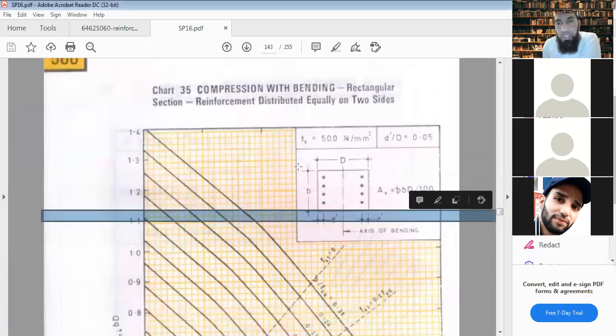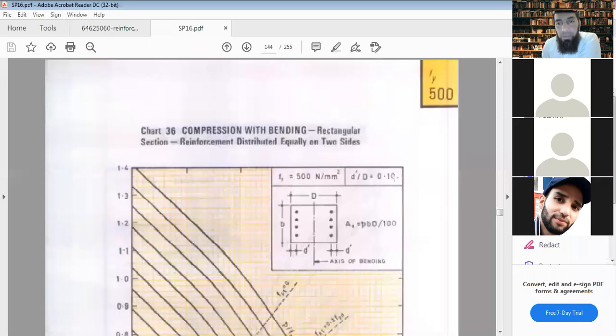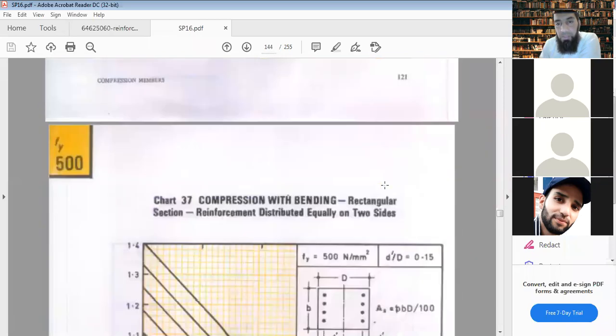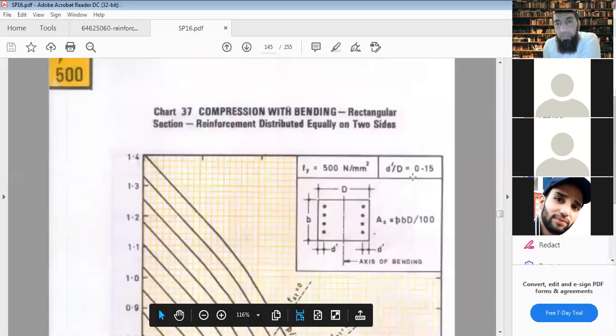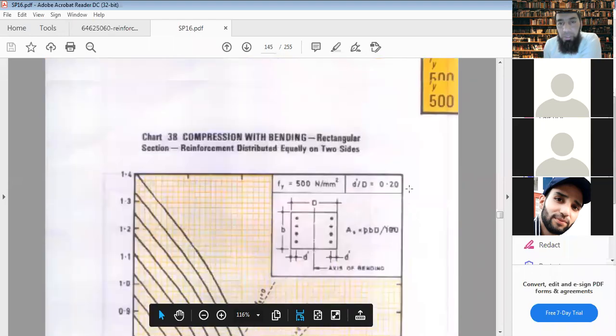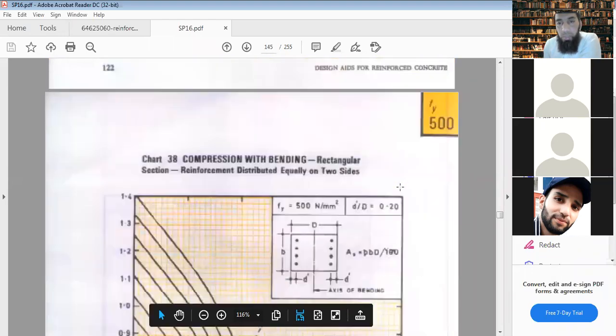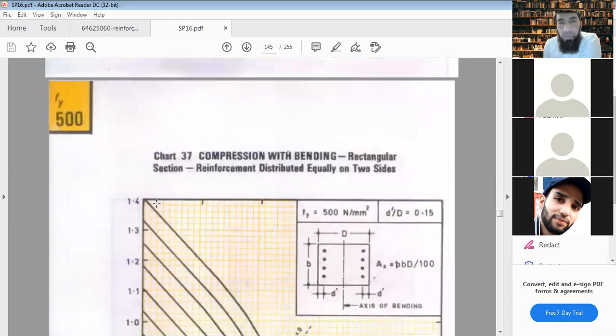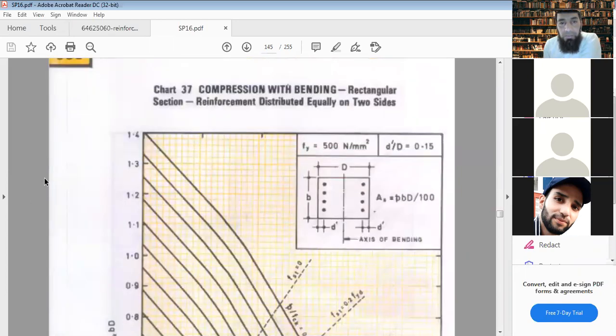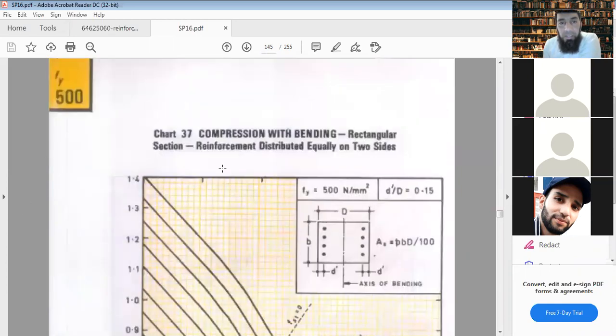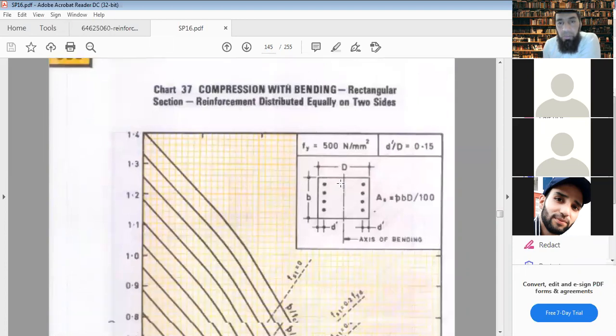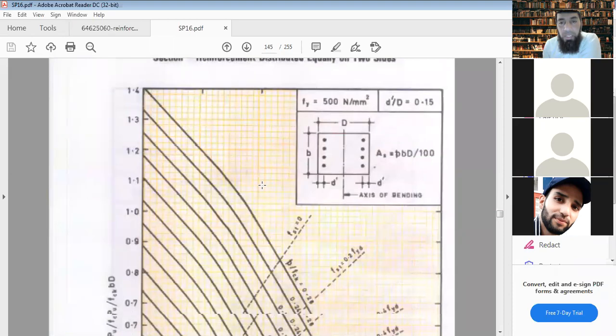So this graph will not be used. 0.16, this is 0.1, this is 0.15. So this one is the closest to 0.16. Then you have 0.2. So you will be using this chart: compression with bending, rectangular section, reinforcement distributed equally on two sides like this, and d dash by D is near to 0.15.